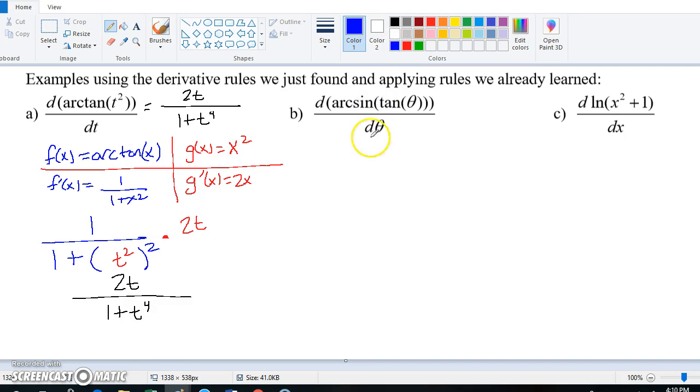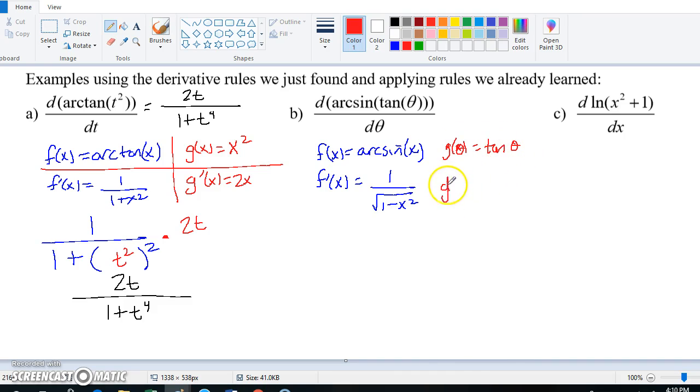Okay, let's take a look at the next function, the derivative of arcsine of tangent of theta. Identifying the outer function, f of x is arcsine of x. Its derivative is 1 over the square root of 1 minus x squared. The inner function, I'll call it g of theta, is tangent of theta. Its derivative, g prime of theta, is secant squared theta.